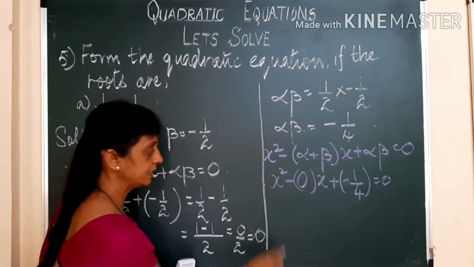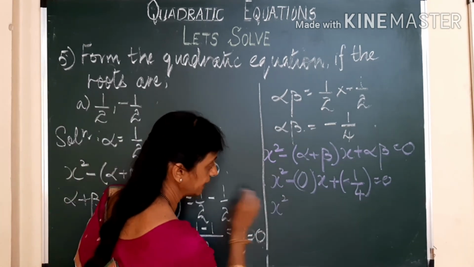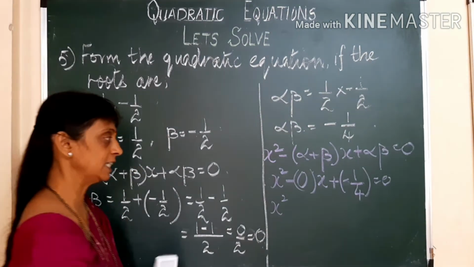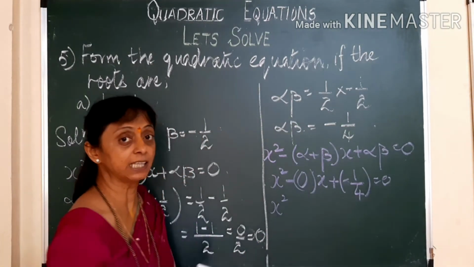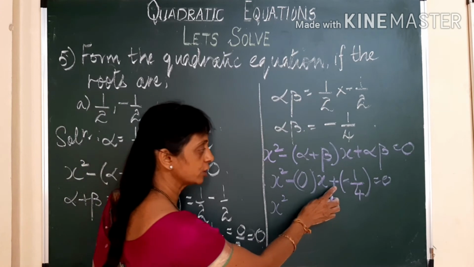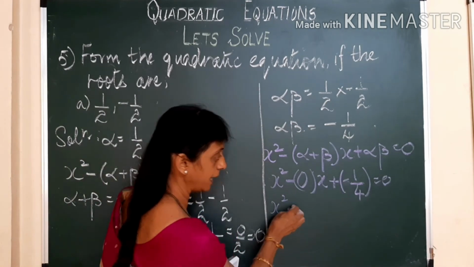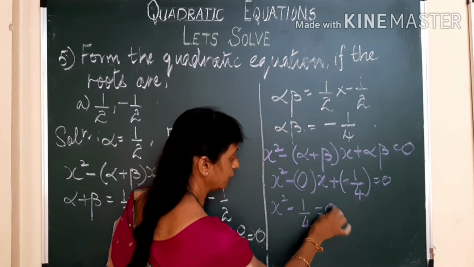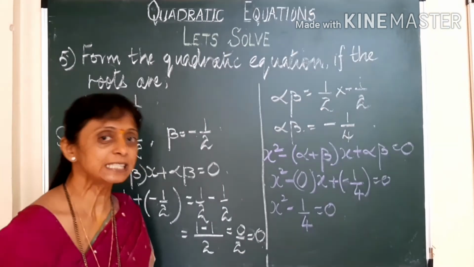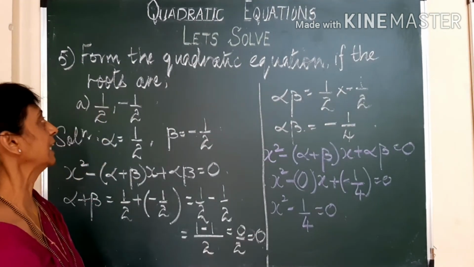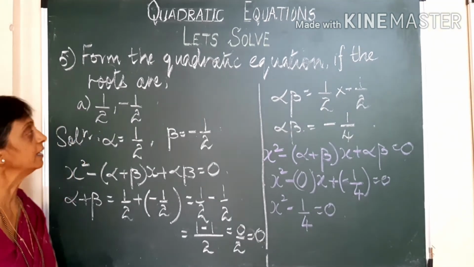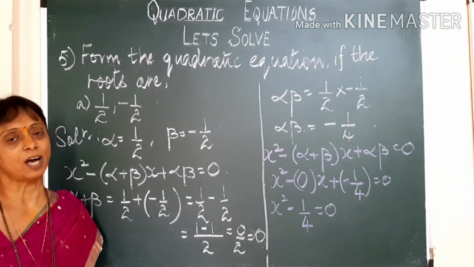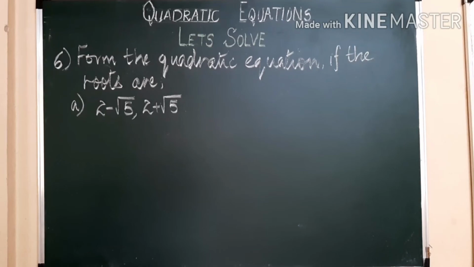Right? Now let's solve it. Therefore x squared, 0 multiplied by anything is always 0. So you need not write the middle term. Over here, children, plus into minus gives you minus 1 upon 4, which is equal to 0. So this is your quadratic equation when the roots given are 1 upon 2 and minus 1 upon 2.